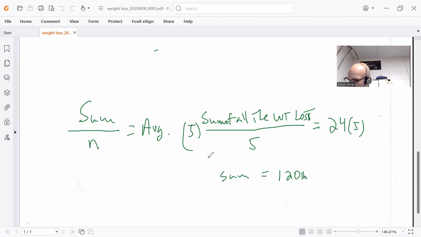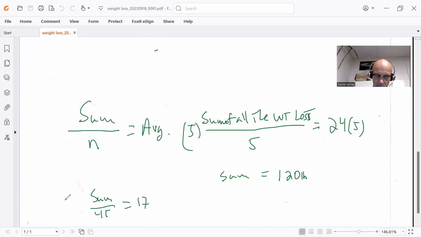I won't scroll back up. They lost 17 pounds on average, and there are 45 people. So for that situation, I don't know their sum, but I know there are 45 people and that average was 17.